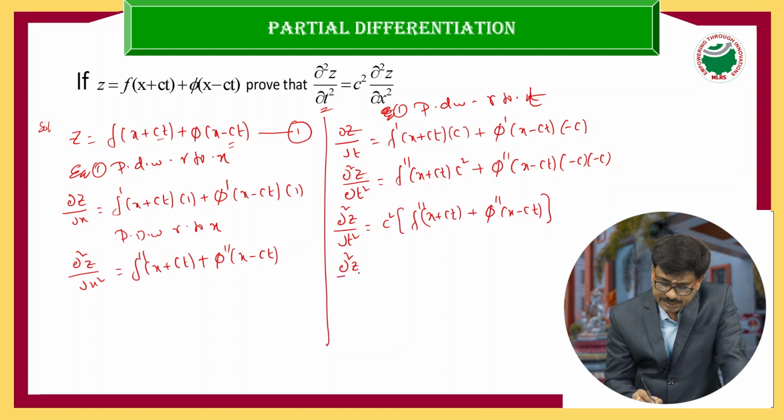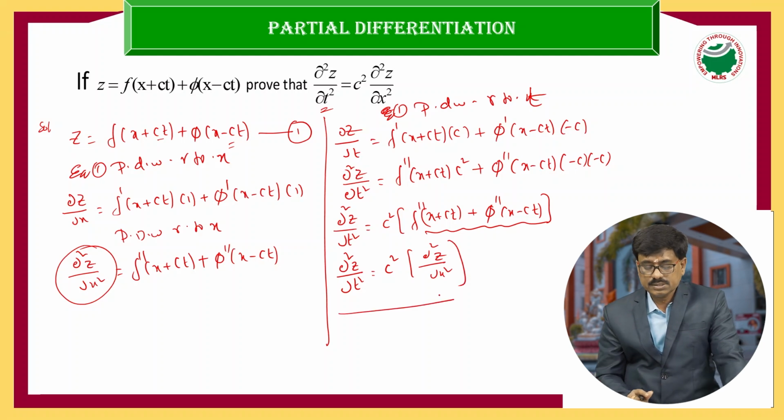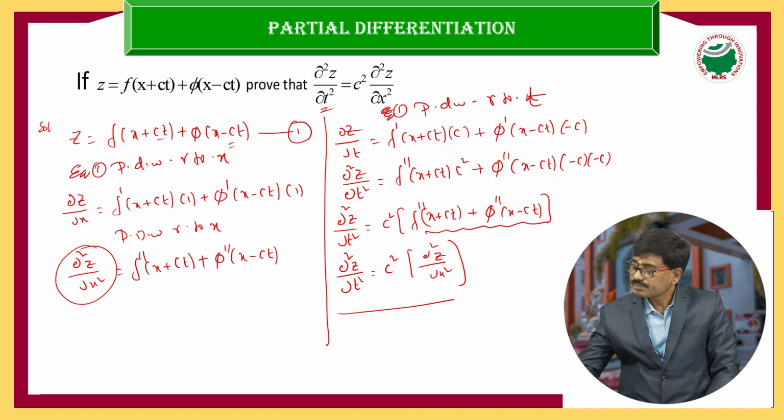Therefore, dou square z by dou t square equal to c square into, I can replace this entire quantity by using dou square z by dou x square. Now, this equation becomes dou square z by dou t square is equal to c square into dou square z by dou x square.